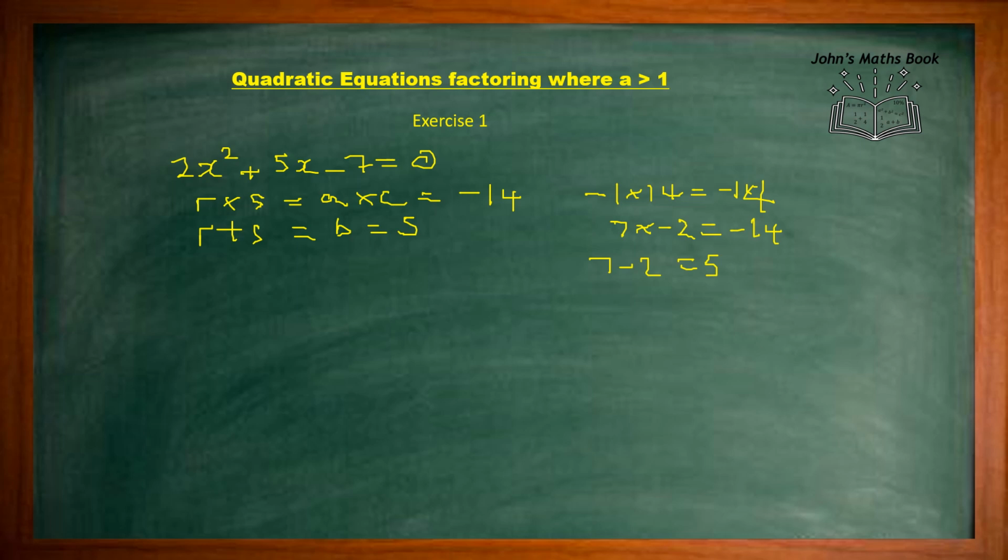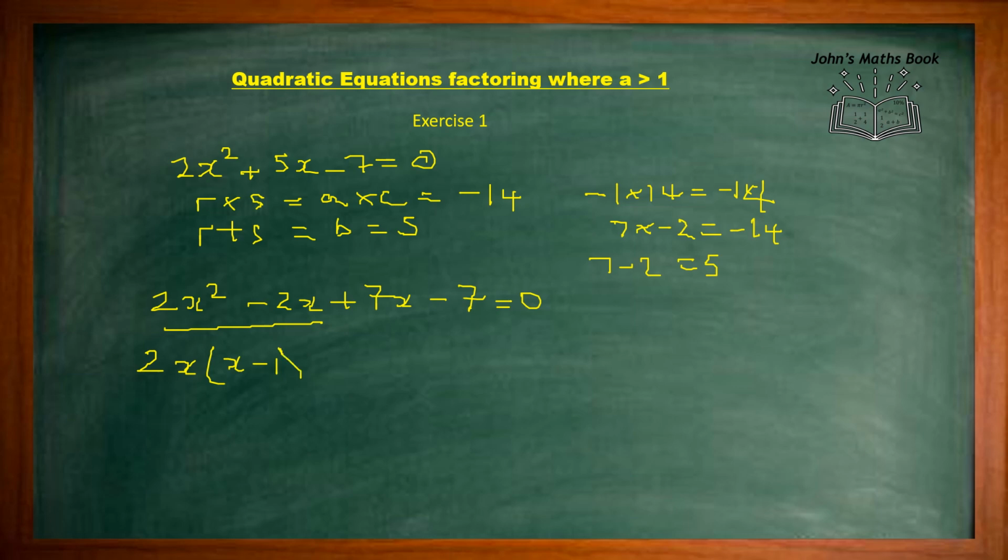in our equation. So let's split the middle term of 5x, and we can rewrite the equation as 2x squared minus 2x plus 7x minus 7 equals 0. Now if we take this expression first, we can take 2x out of that, and we can say 2x multiplied by x minus 1.